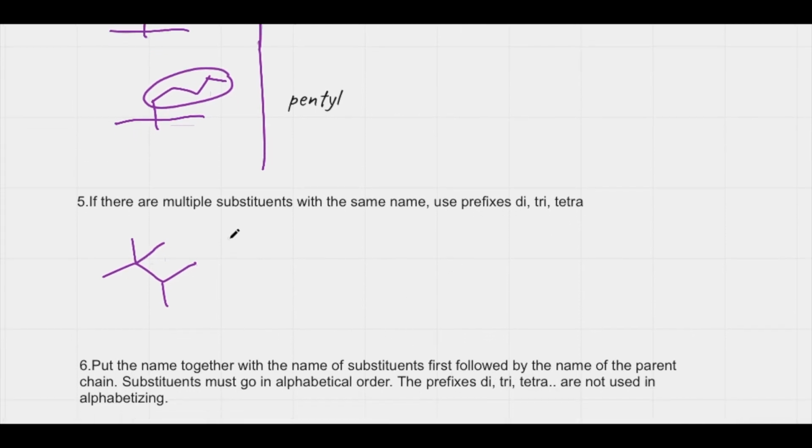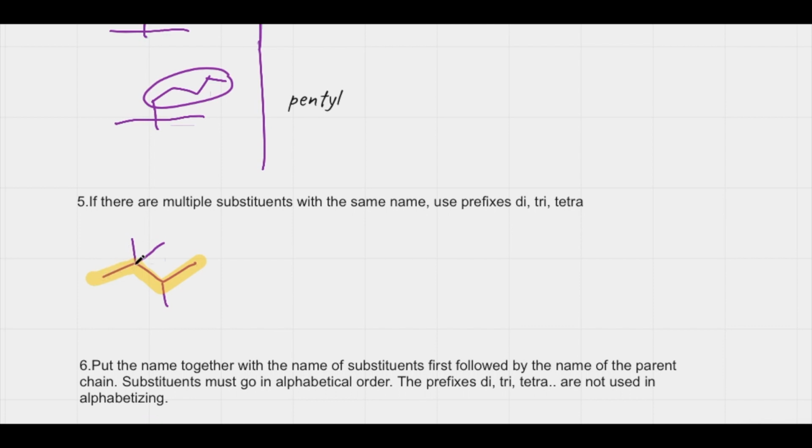So let's go ahead and take a look. Again, we have to go step by step. What is step 1? Find the longest parent chain. I go 1, 2, 3, 4. 1, 2, 3, 4. So the longest parent chain must be my 4-carbon parent chain. I'm going to go like this. Next, I have to think which end to number from.